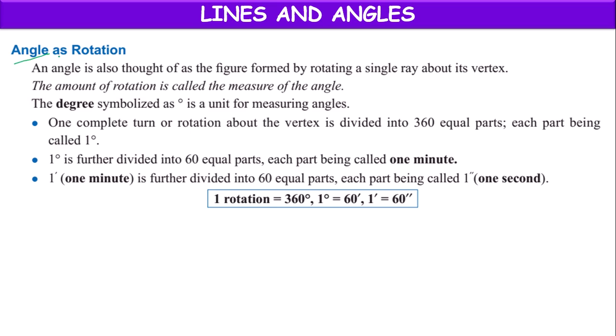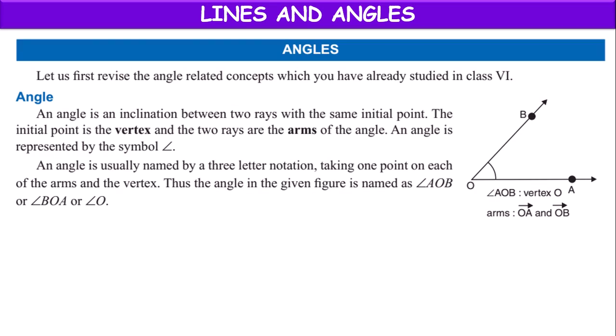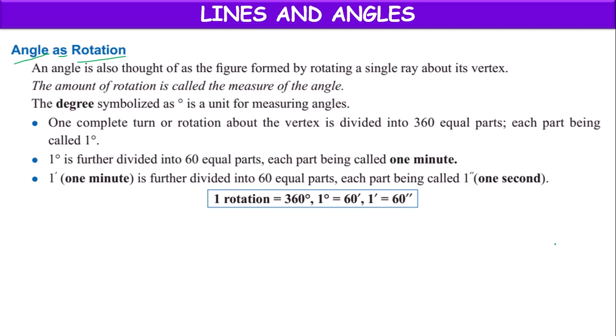Next one, angle as rotation. In the previous definition, what we have learned is that the inclination between two rays is called an angle. But we can also define an angle as a rotation.